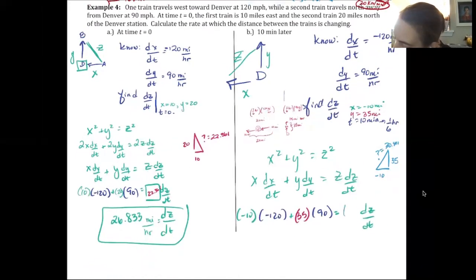So this is 30.401. All right. Negative 10 times negative 120 plus 35 times 90 divided by 30.400549 gives me 143.